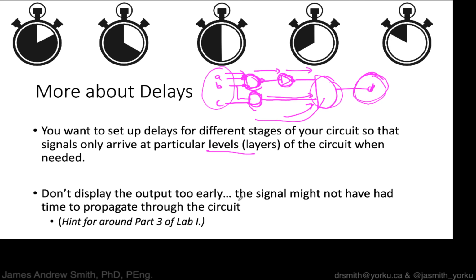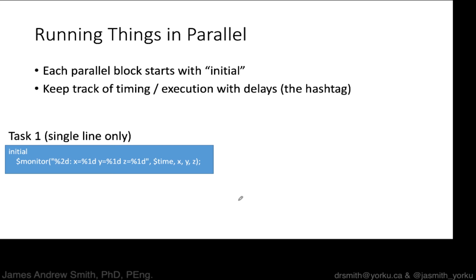And in the lab descriptions that we've got, the lab activities, we talk about where to insert those delays. Okay. Now, you can also run things in parallel, and each parallel block starts with the initial keyword. So that's something else to know, that you can run these things in parallel.